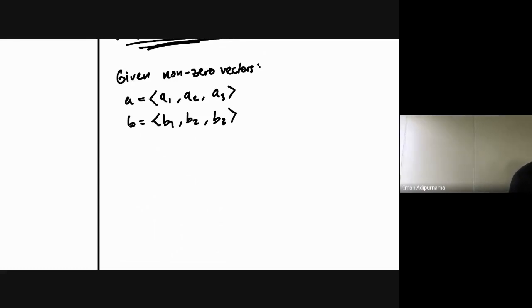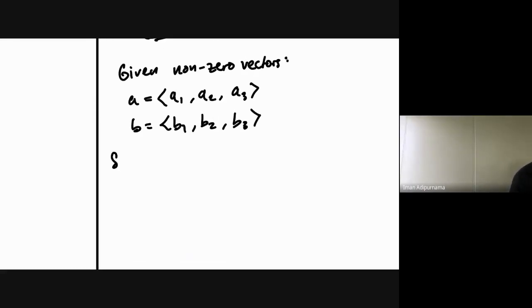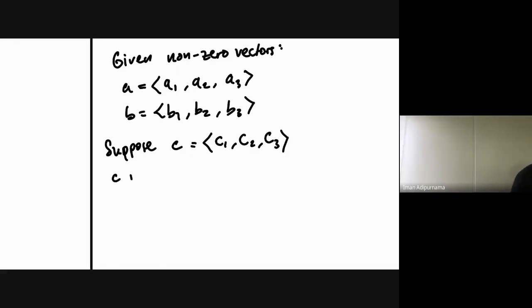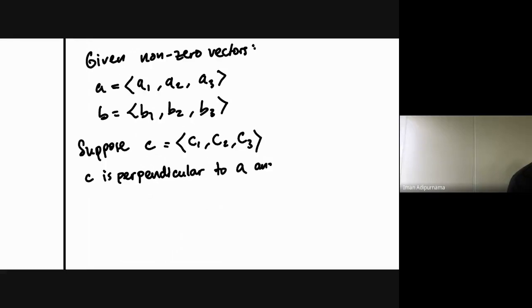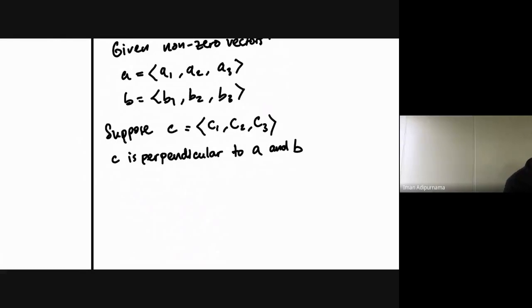And let's make assumptions first. Suppose C is C1, C2, C3, and C is perpendicular to A and B. So what's the requirement?